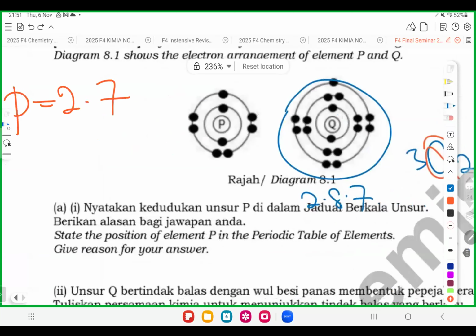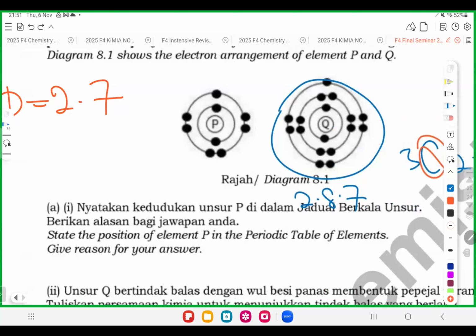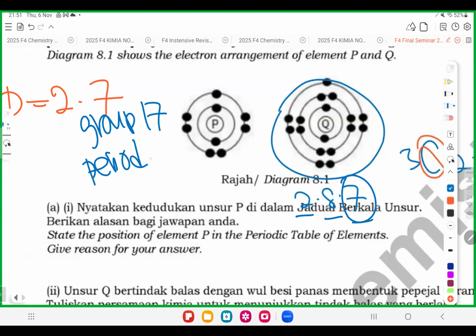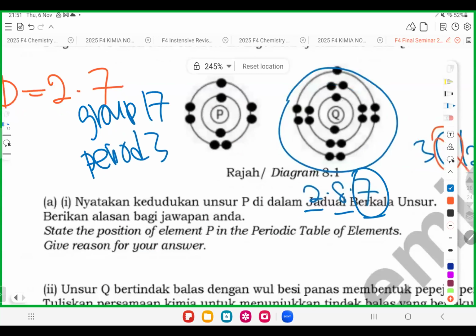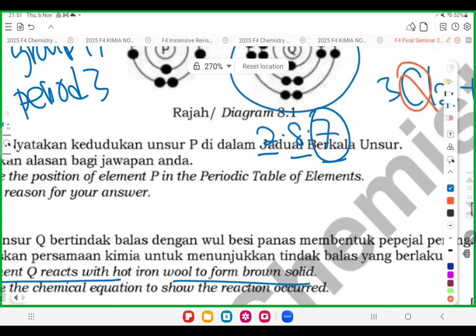So guys, you see, element P is 287. Can we know the group and period? Yes. When you have 7 valence electrons, you are group 17, right? When you have 3 shells occupied with electrons, you are period 3. But what I am trying to tell you is this, everyone, you might want to write down this.